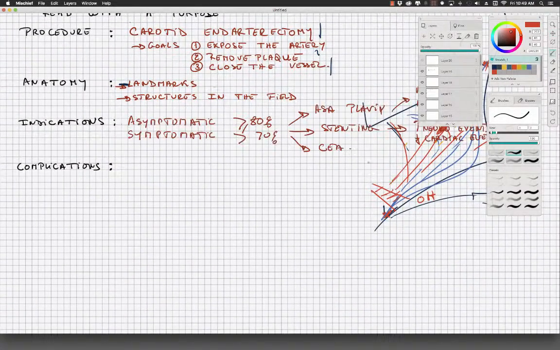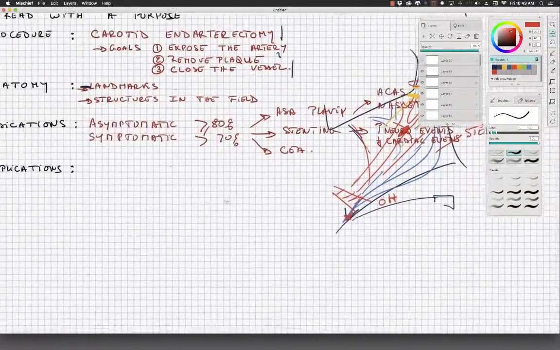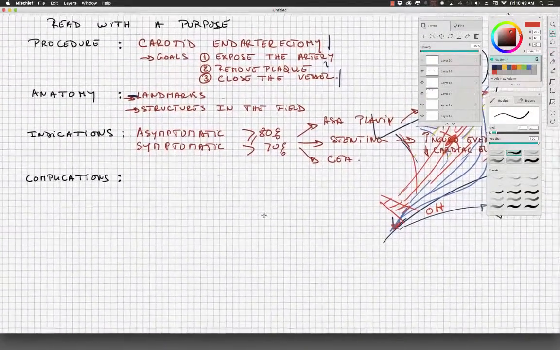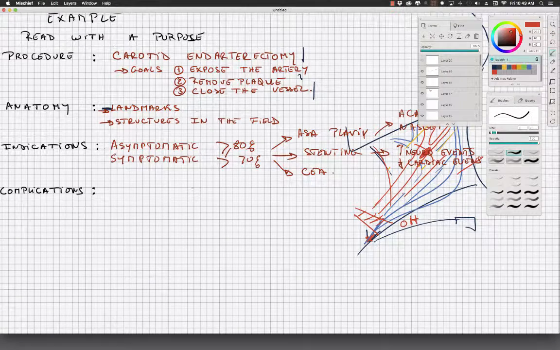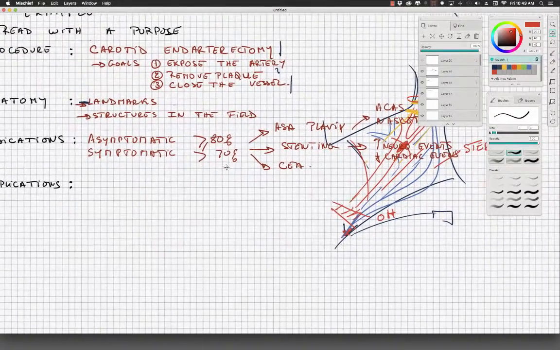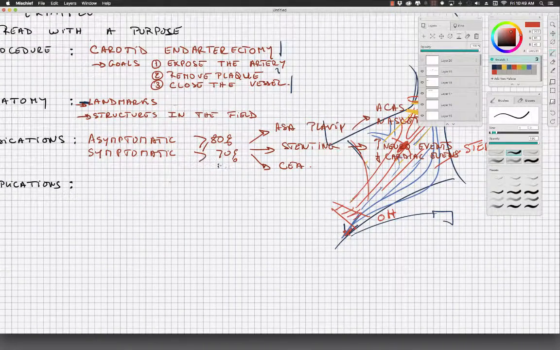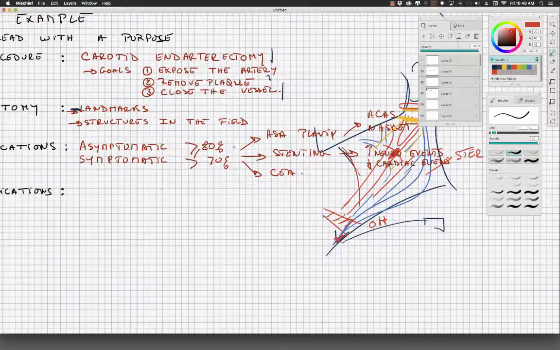So, indication for the procedure. Why are we doing this intervention for this patient? So this is, for example, an asymptomatic carotid stenosis greater than 80%, or symptomatic carotid greater than 70%. Those are the indication for carotid endarterectomy, the common one anyway.